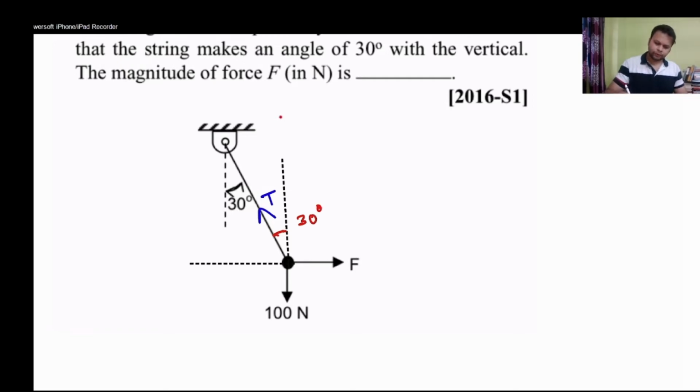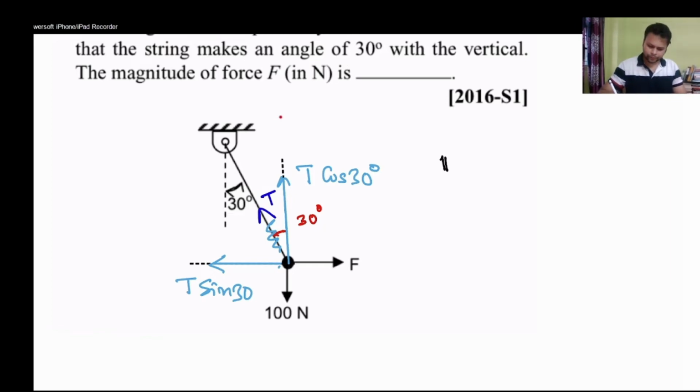I can make two components of T. If I resolve T, this is T sine 30 degree and this is T cos 30 degree, right? So what I can write is F is equal to T sine 30 and 100 is equal to T cos 30.